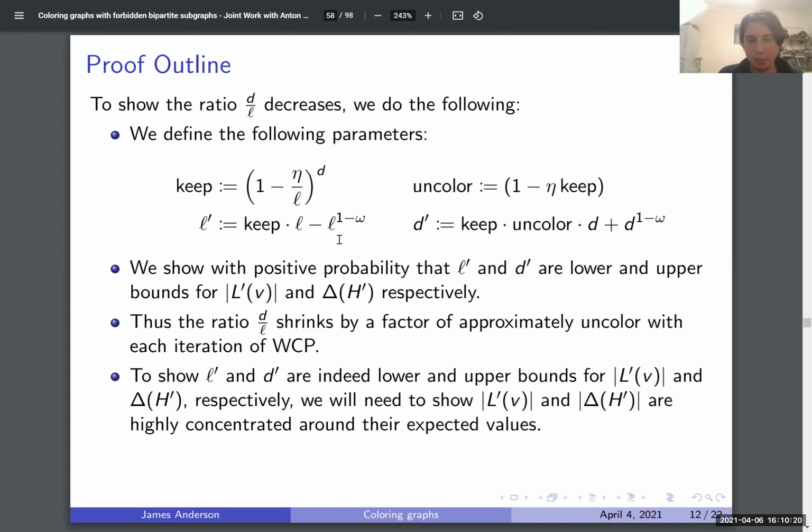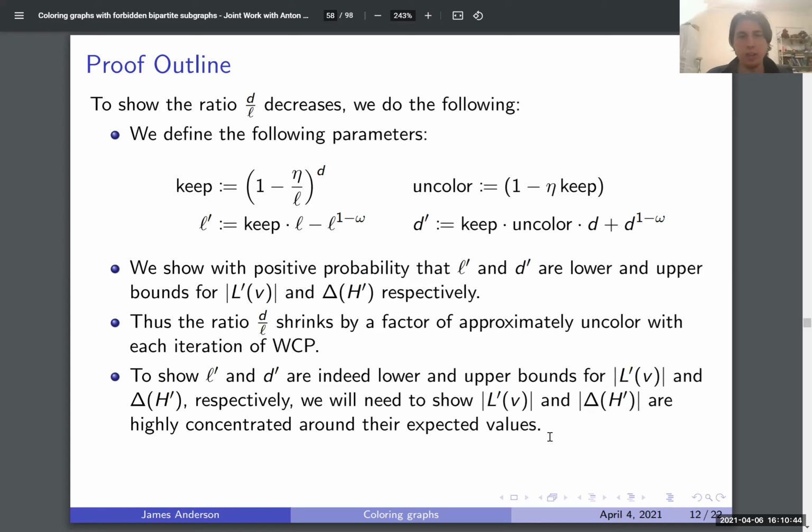Now the trick is going to be showing that L prime and D prime are indeed lower and upper bounds for our list size and our degree. And so the way we do that is we're going to show that the size of L prime of V and the max degree of H prime are highly concentrated around their expected values.